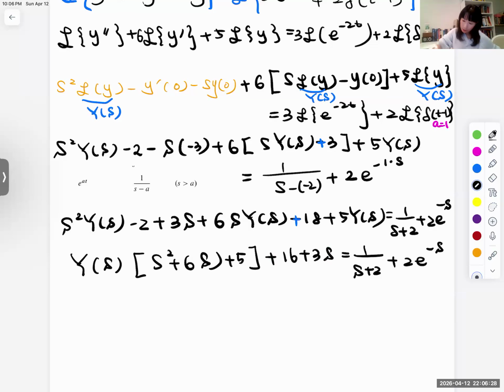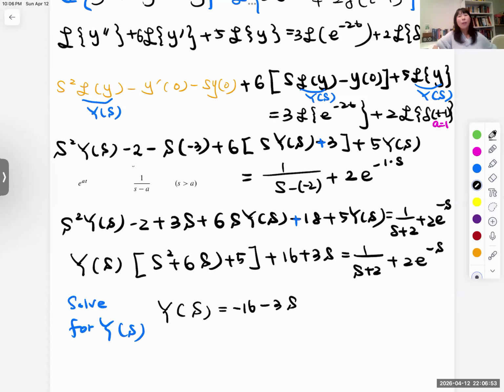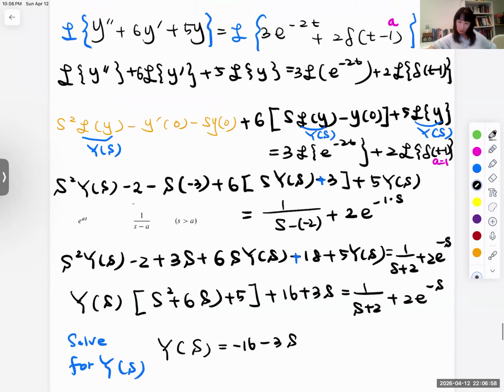Okay, so solve for Y of s. There will be Y of s equal to negative 16, negative 3s, and we get, ooh, missing something.